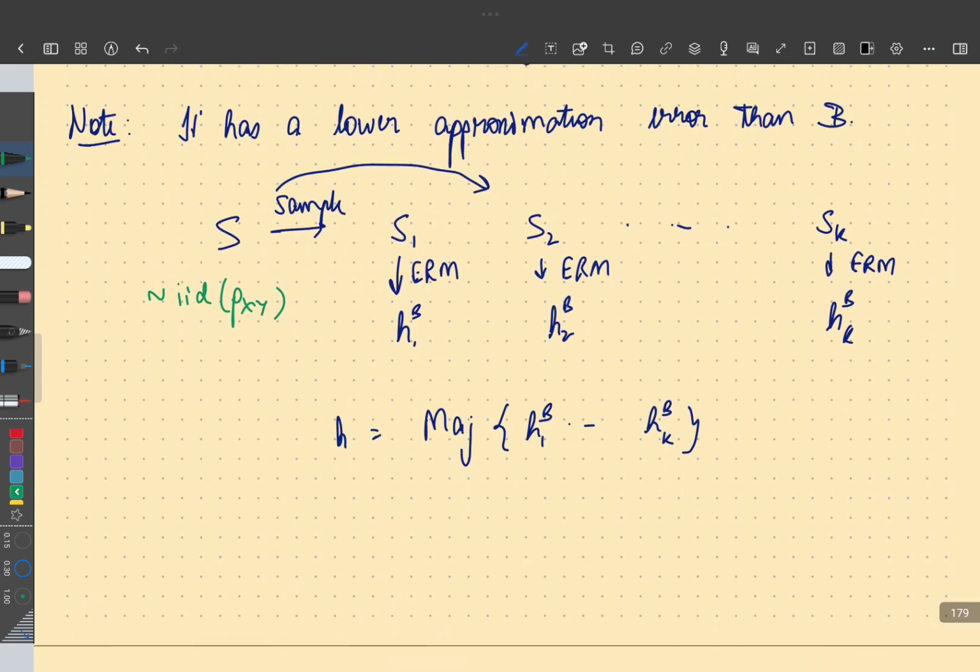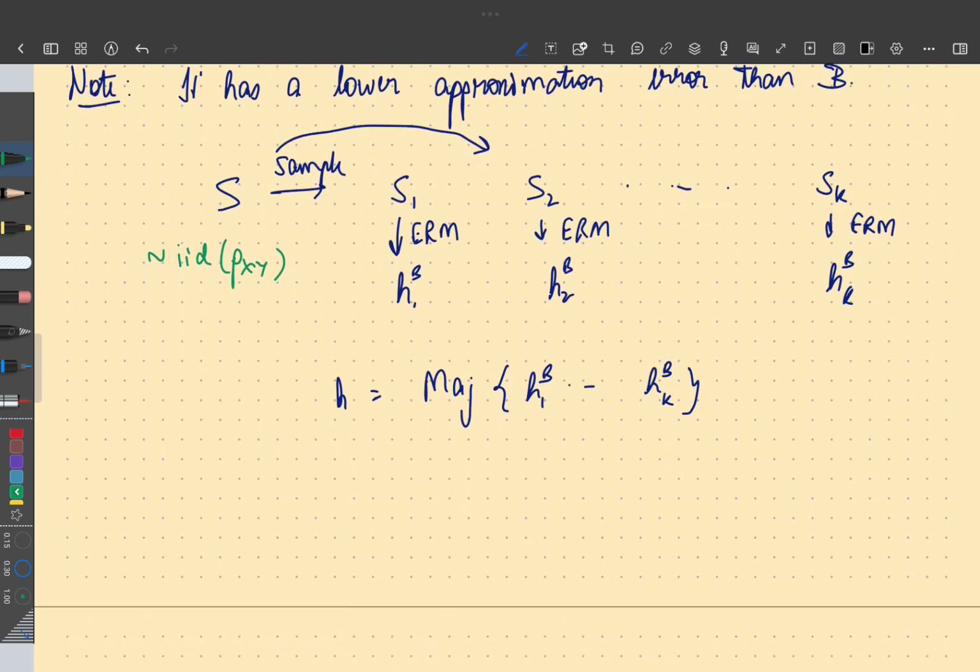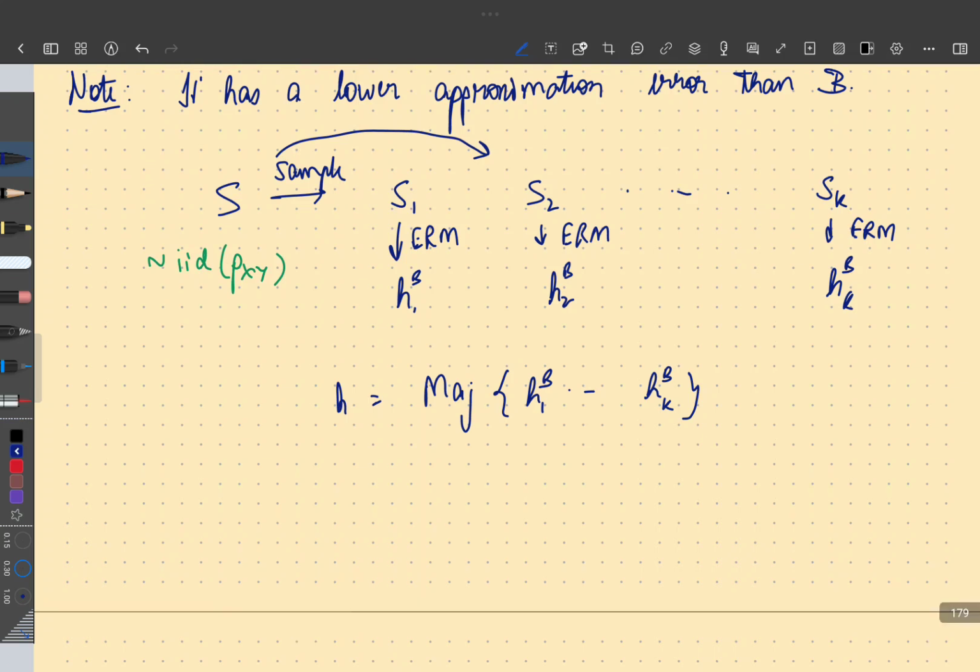Right? So this method of resampling from the given data in order to get a better algorithm is an algorithm called bootstrap, and was studied in the context of distribution estimation.